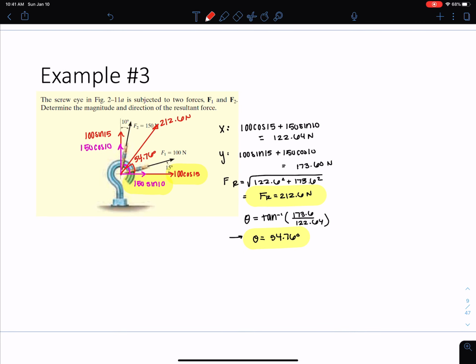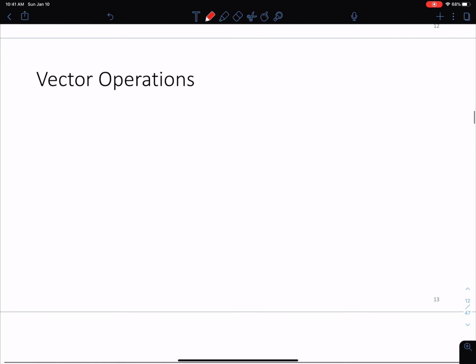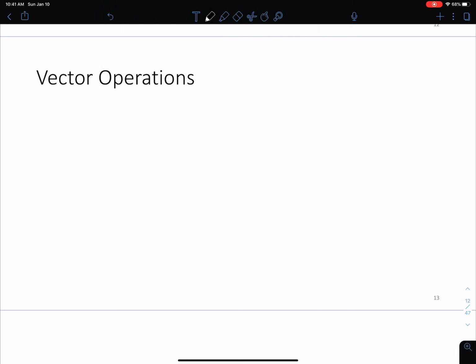Okay, so let's move on now to vector operations. So this is also kind of a review of what we can do with vectors. That was one method that we can use. We can put everything into x and y components, and that's the method that we're actually going to be using a lot in other applications of engineering and a lot in this class.